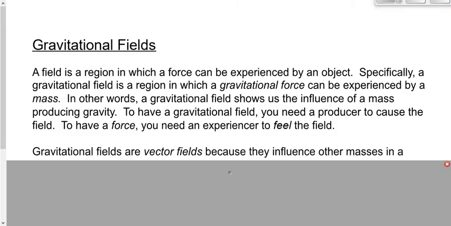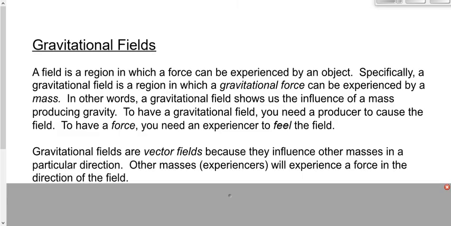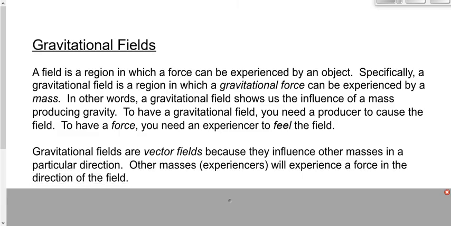Now, of course, if we're talking about these fields, they've got to be either a vector quantity or a scalar quantity because there's a direction associated with the influence. They influence things downward. It's a vector field. If you put a mass in the field, the mass will experience a force in the direction of the field.